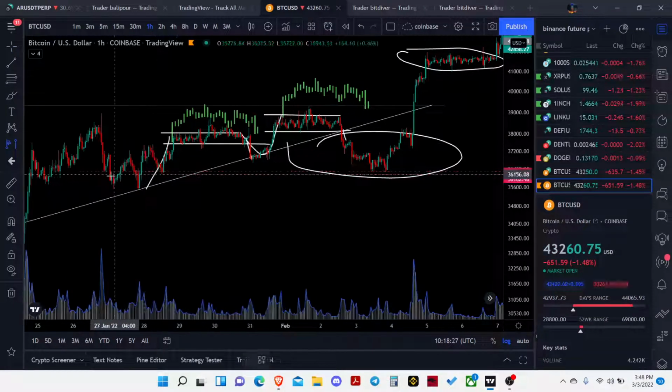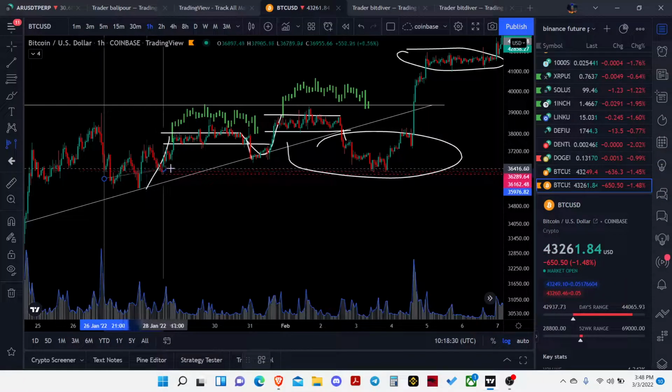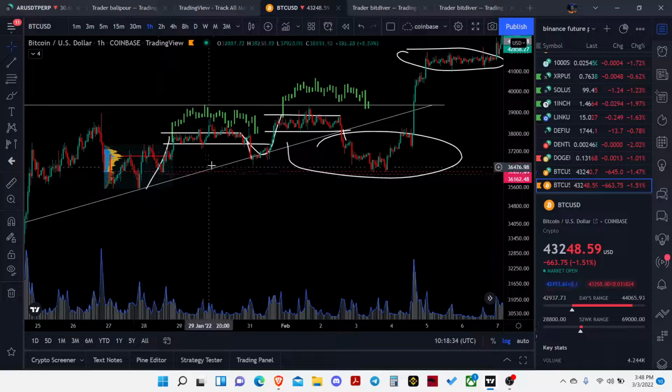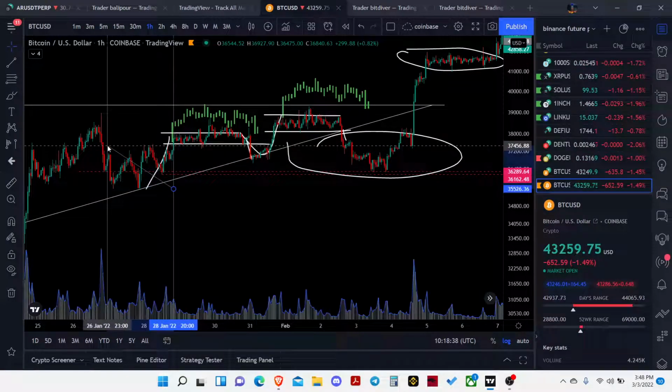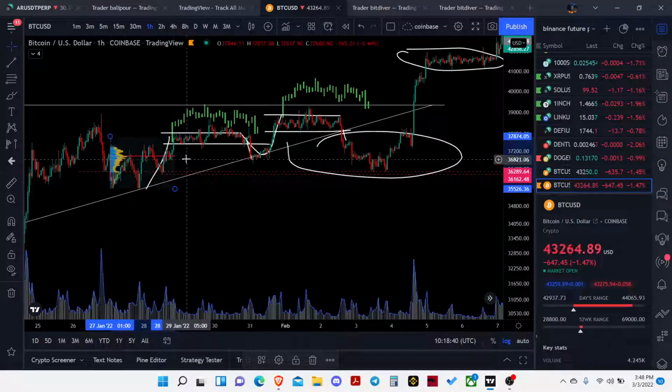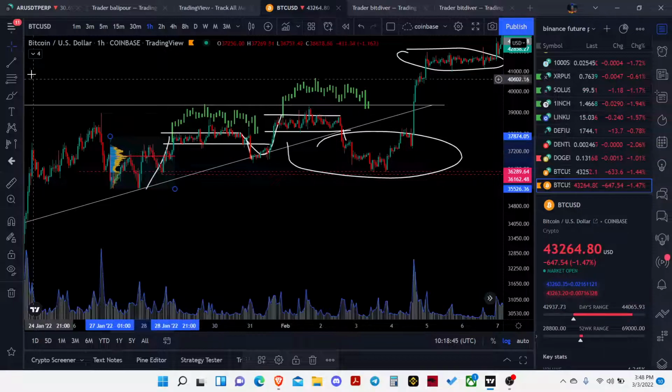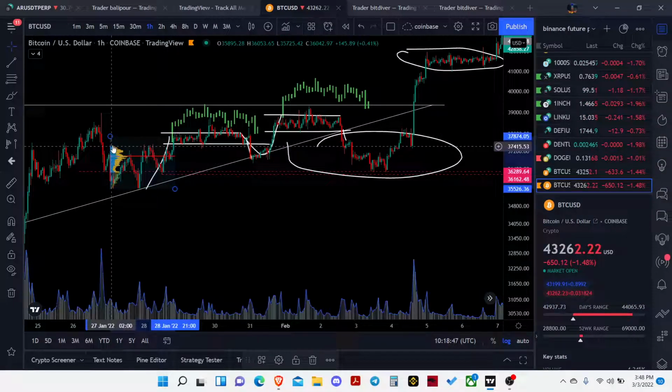If I'm marking this range, you can see the price almost expecting this range after this big dump. Almost from the POC the price bounced back there.